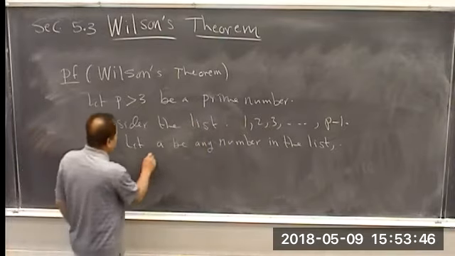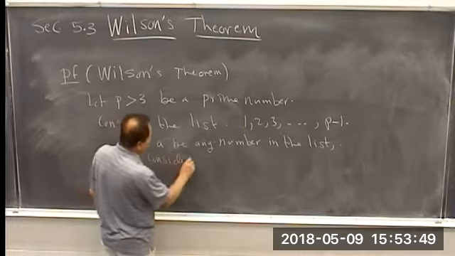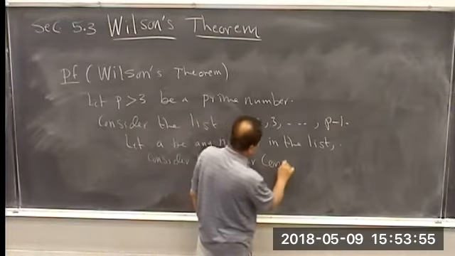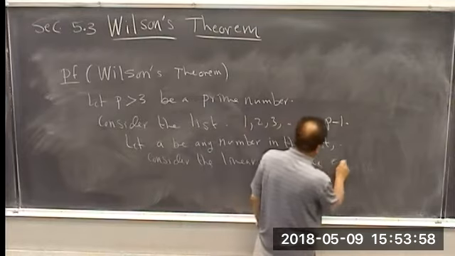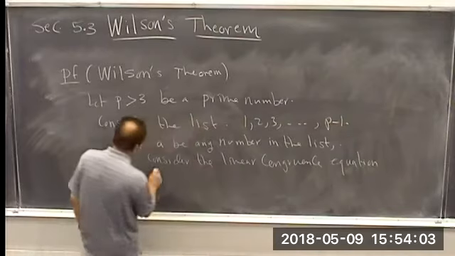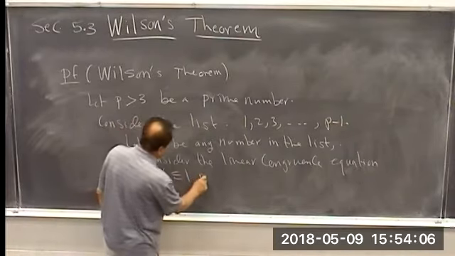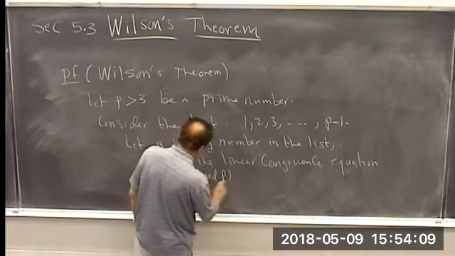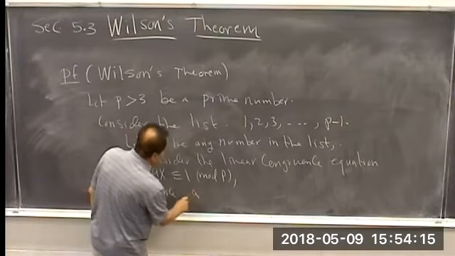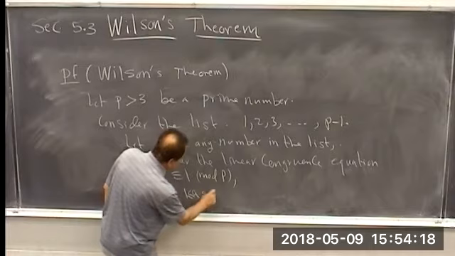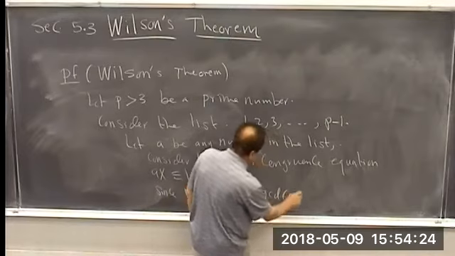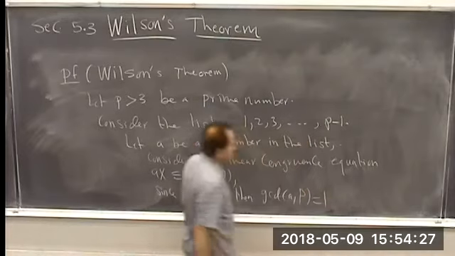And then we're going to consider the linear congruence equation, which is ax congruent to 1 mod p. Now, since a is between 1 and p minus 1, the greatest common divisor of a and p is equal to 1.